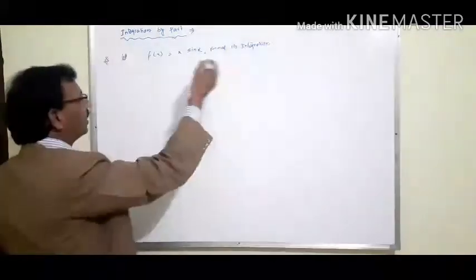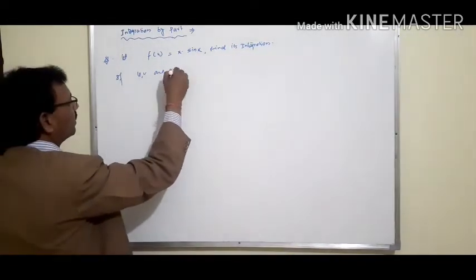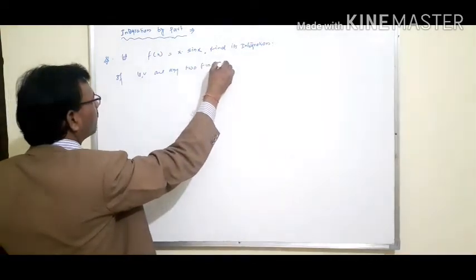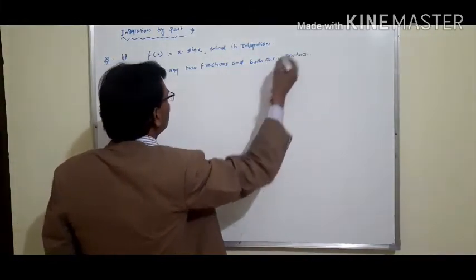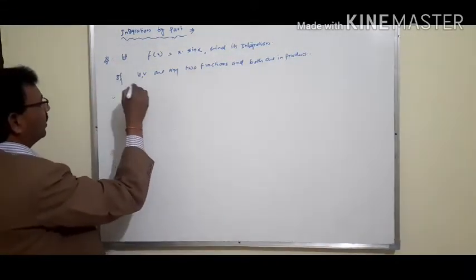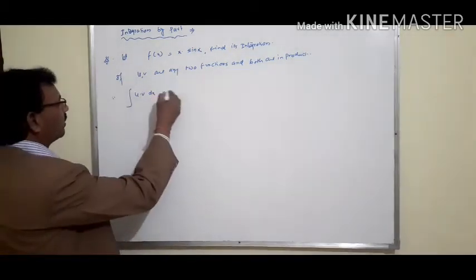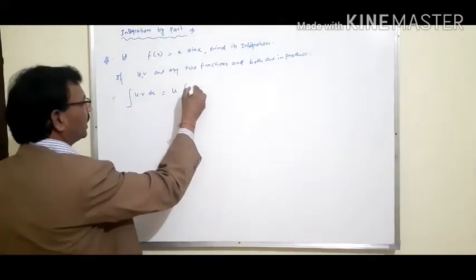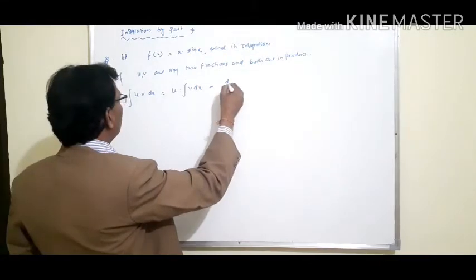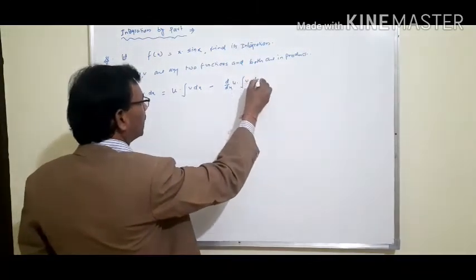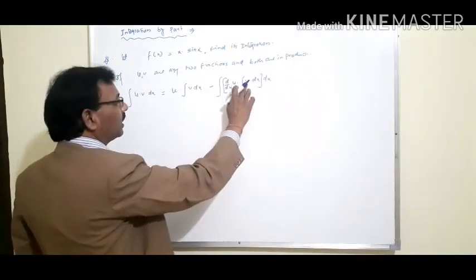First thing, our formula is: if u and v are any two functions and both are in product, then the integration of u into v dx, that means the integration of a product of two functions, will be the first function into the integration of the second function, that means the integration of v dx, minus the integration of the differentiation of the first function into the integration of the second function.